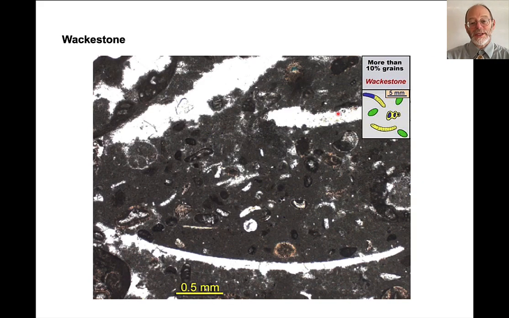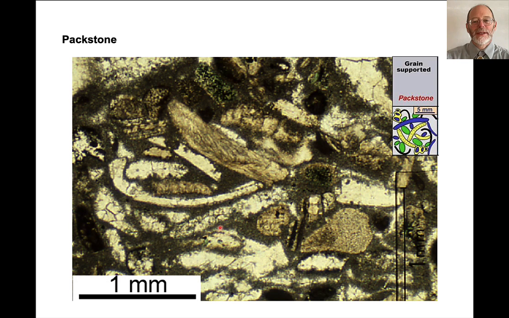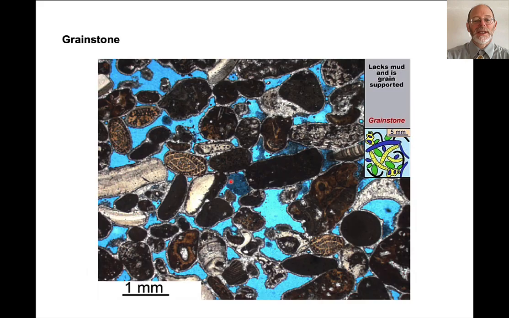If it's more than 10% grains, but the grains don't touch each other, then it's called a wackestone. If the grains touch each other, so they are bearing the load, they support each other, but there is still mud present, then we call it a packstone. And then if the grains are touching each other and supporting each other, but there's no mud in here, then it's called a grainstone.